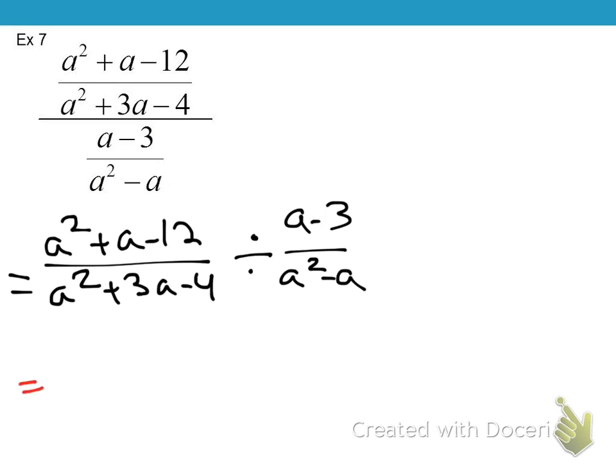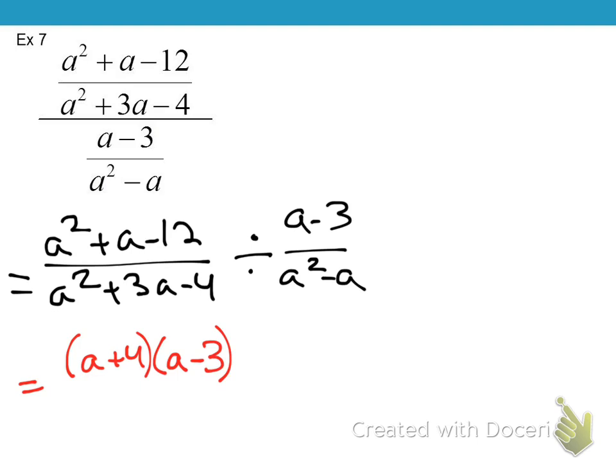We can factor. What multiplies to negative 12 and adds to positive 1? 4. So A plus 4, A minus 3. That would give us a negative 12 and a positive 1, correct?